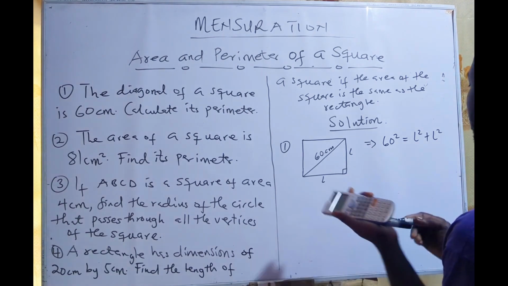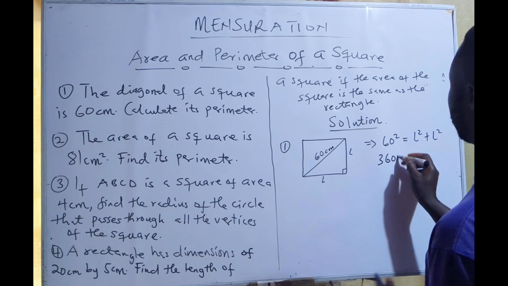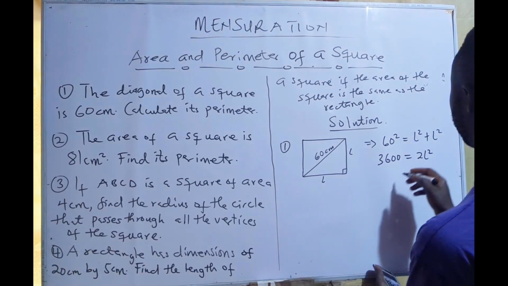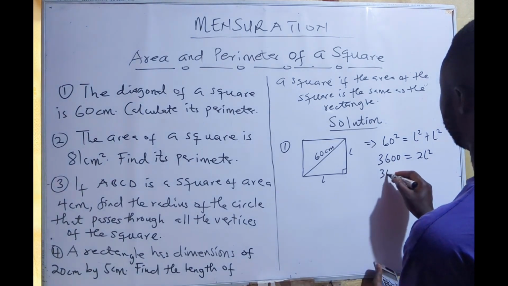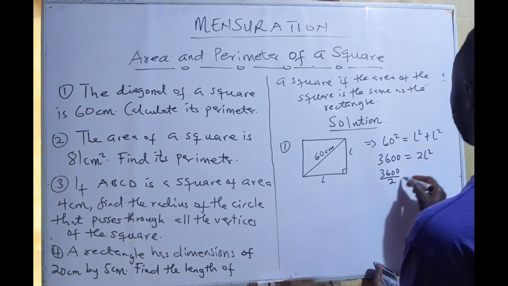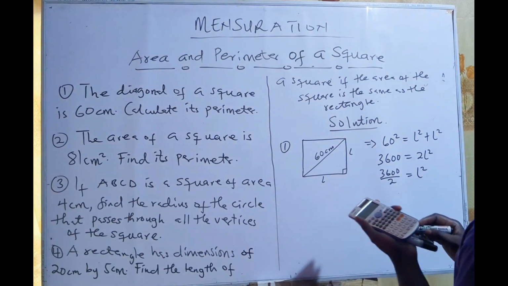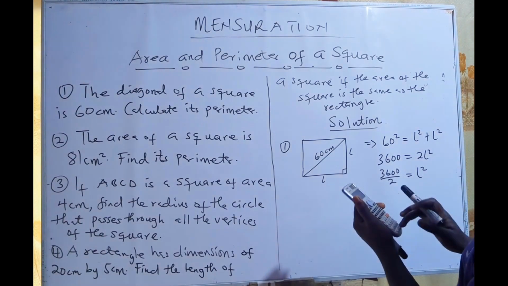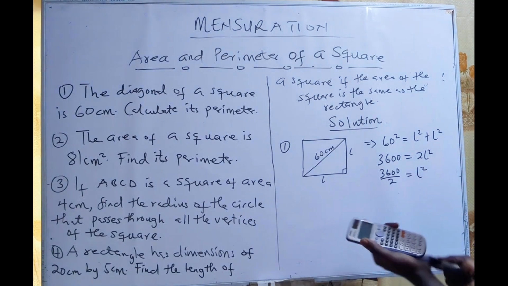It is 3,600, equal to 2L squared. So we divide through by 2.